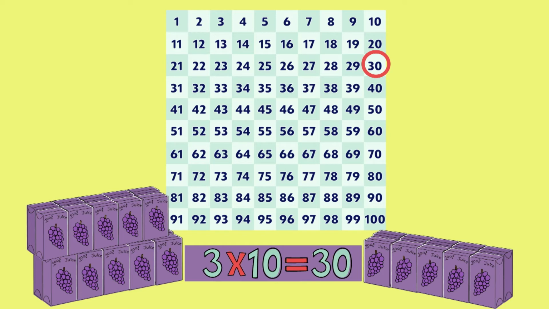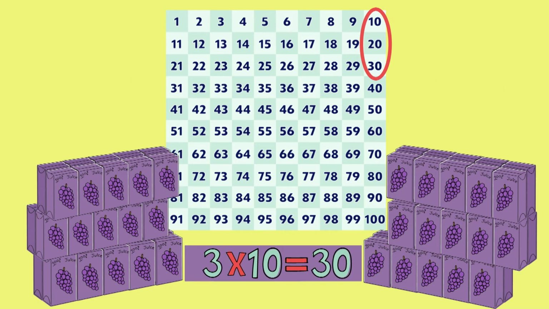So, what pattern did you see? Right, each multiple has a 0 in the ones place, and the number in the tens place increases by 1. They're all in the same column. Using that pattern, could you tell me how many juice pouches would be in 6 boxes? Right, 6 times 10 equals 60.